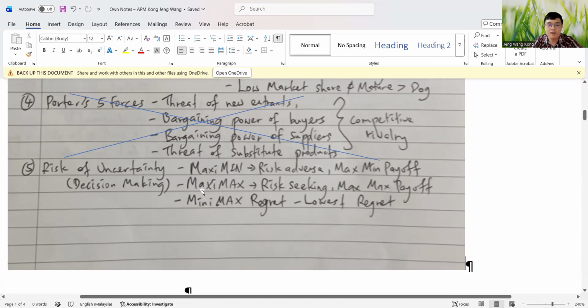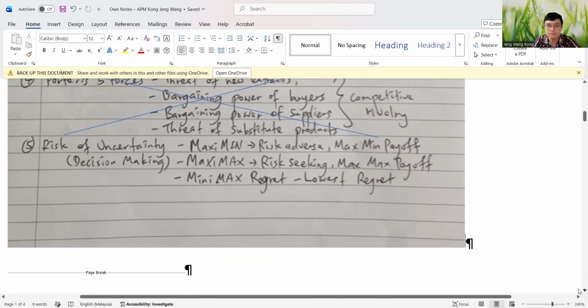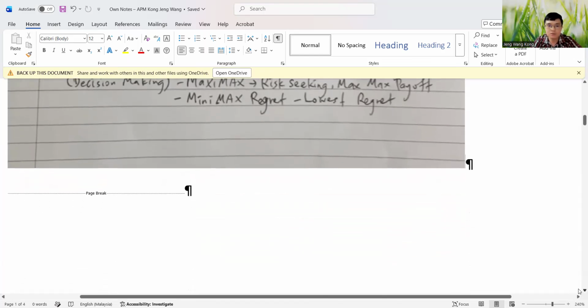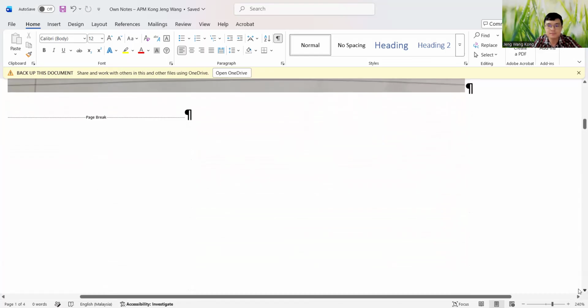If they are risk seeking, it is maximax, maximize the maximum payoff. Minimax regret, lowest regret. This is how you apply the concept. So describe the keywords. Then go to the next one.